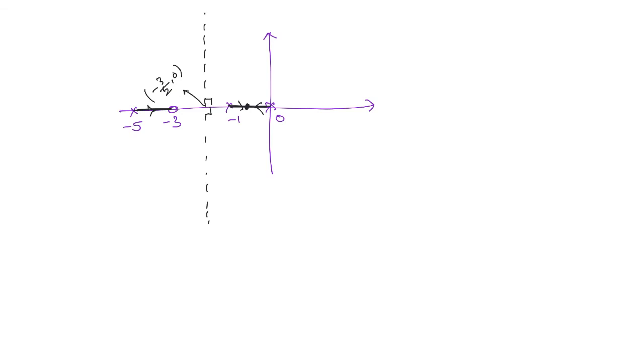So from the breakaway point, minus 0.522, 0, the root locus branches go at 90 degrees and reach the asymptotes. We have one branch starting from minus 1, and one branch going away like this.